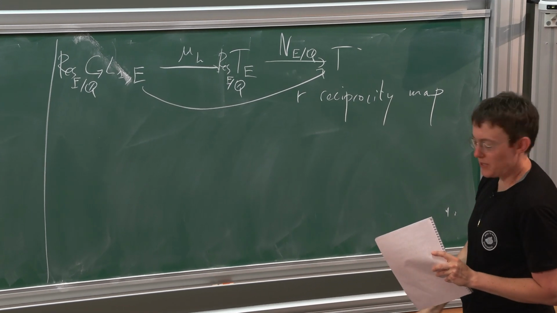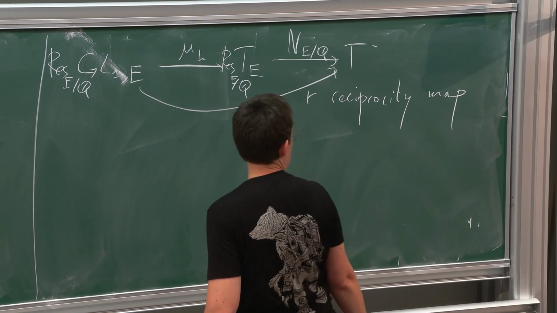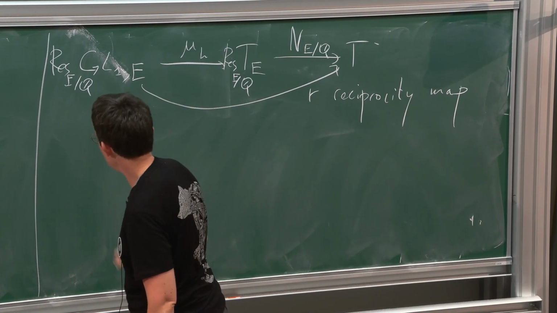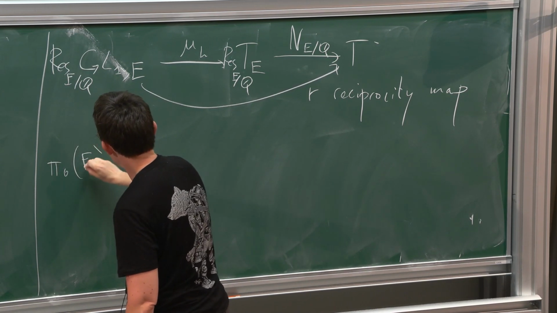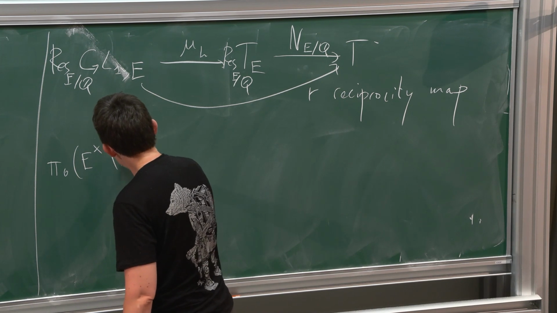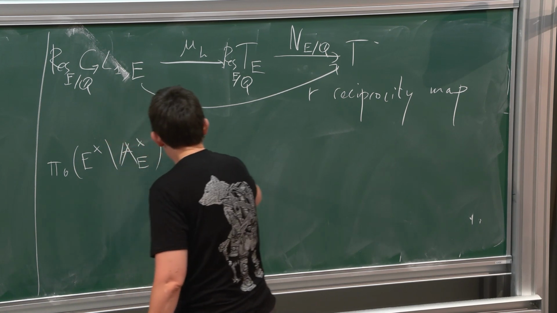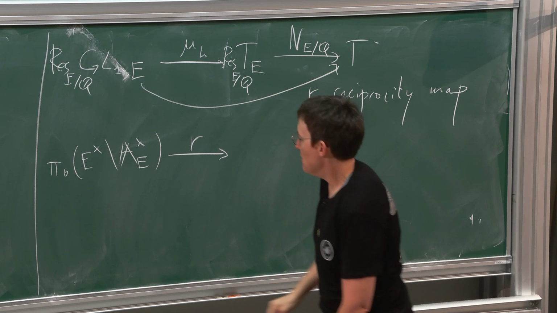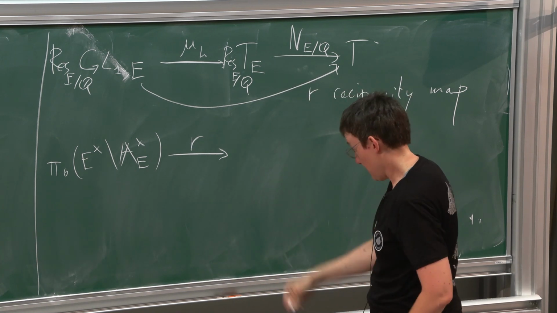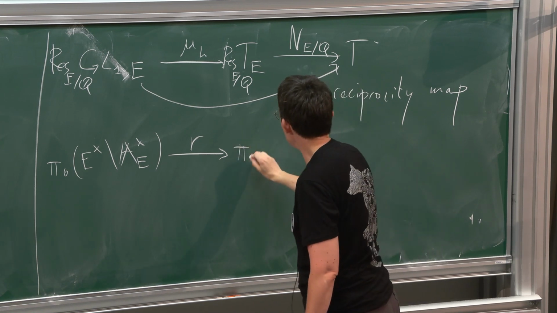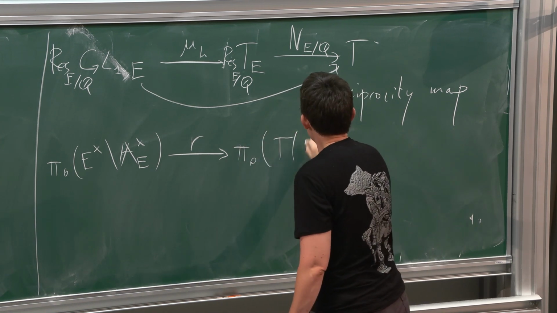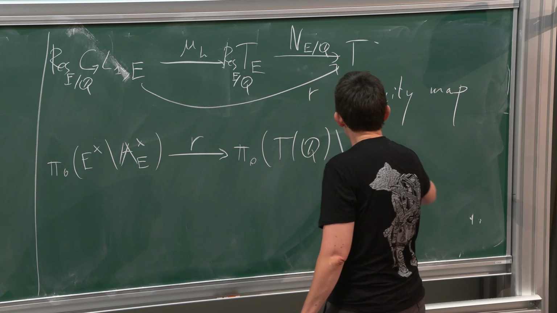Okay, and now what is the recipe? Well, R is going to give a map from pi 0 of A cross over E cross to pi 0 of TQ under TA.